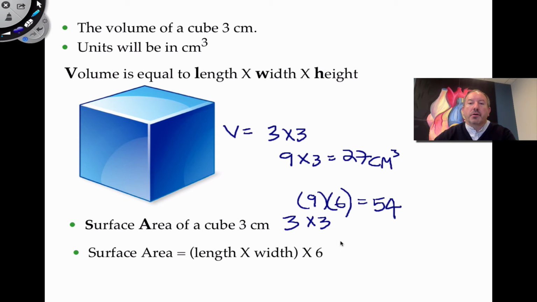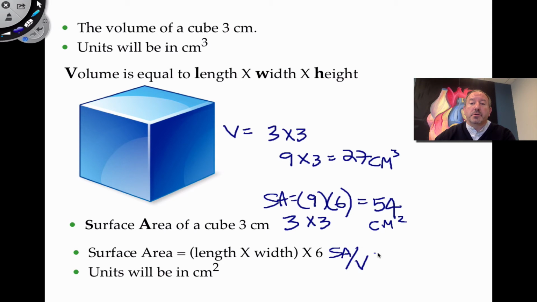Surface area, again, is in centimeters squared. So if you do the ratio of surface area to volume, you would have 54 over 27. If you reduce that to 6 over 3, which can then be reduced to 2 over 1.